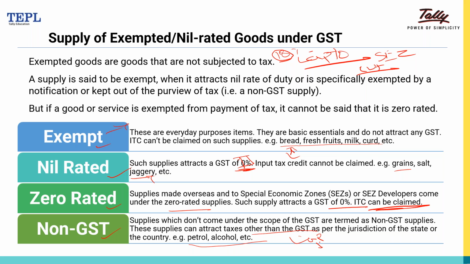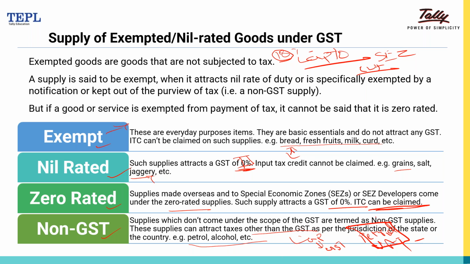In case of the laptop, you need to charge GST, but on petrol you need to charge VAT, value added tax. But petrol doesn't come under GST. That is why you can say this is a non-GST supply. These are the non-GST supplies.